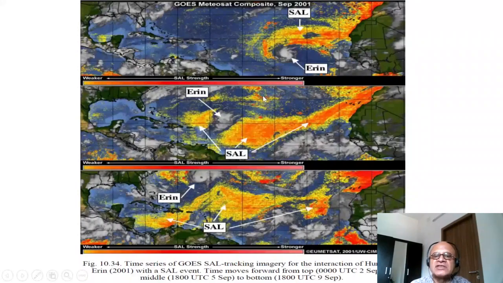But now there are methods of using satellite data like the GOES Meteosat here shown for September 2001, I think.